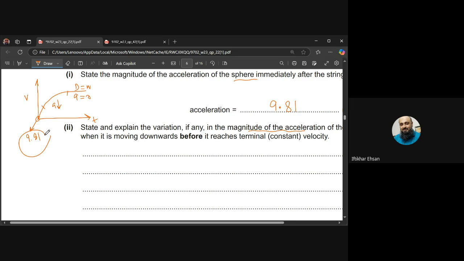So acceleration will decrease from 9.81 to zero. There will be three stages. Right, beta? Clear? Yes, sir.